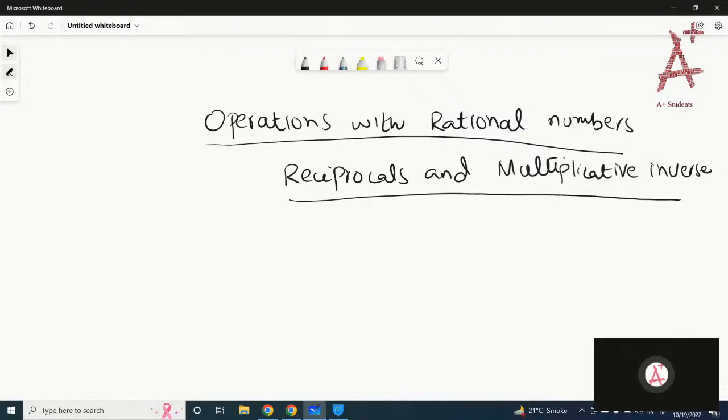You can note down the definition of the reciprocal. I'm going to write it on the board. The reciprocal is, we just have to exchange the numerator and the denominator. Got it? So let me write down the definition of the reciprocal.